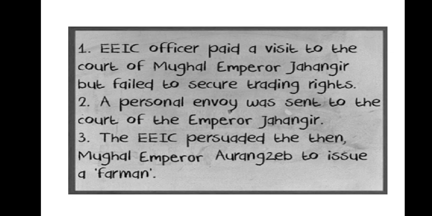And why was he sent? He was sent to get the farman, or the golden farman by Aurangzeb, to get the permission to establish factories in India. I hope you had read the section.